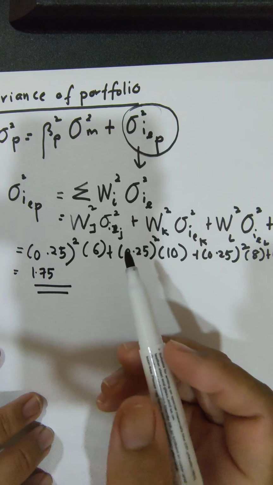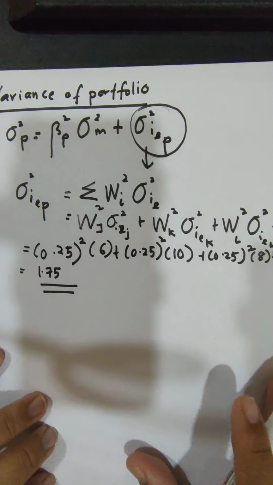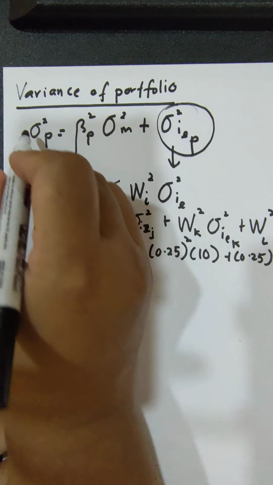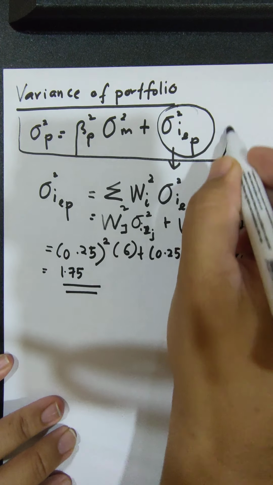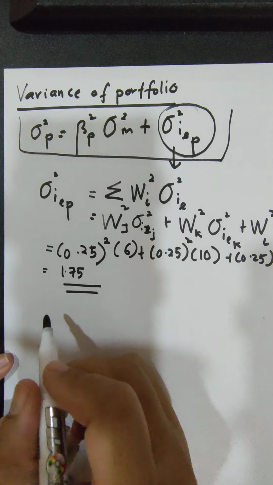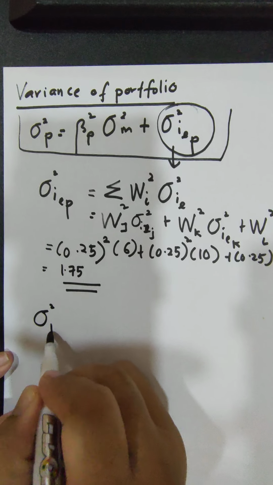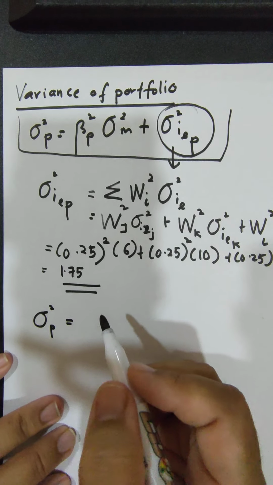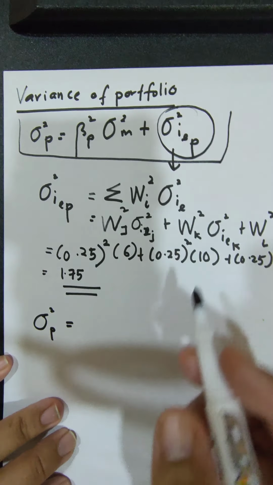To proceed with our calculation of variance from this formula, the variance on portfolio would be the beta of the portfolio.